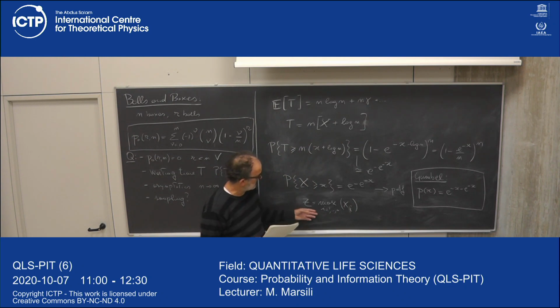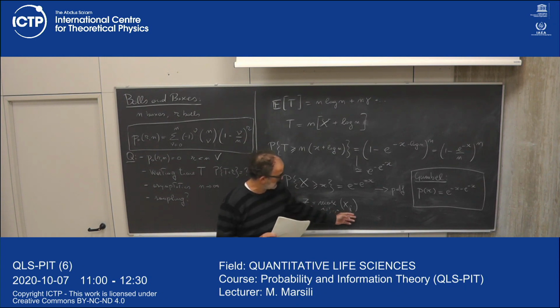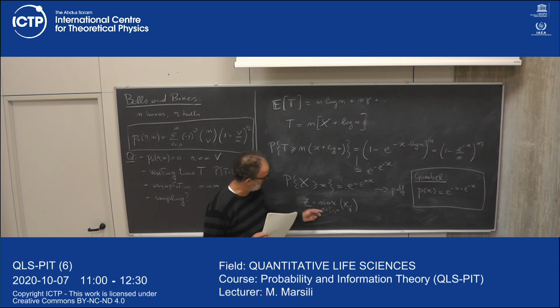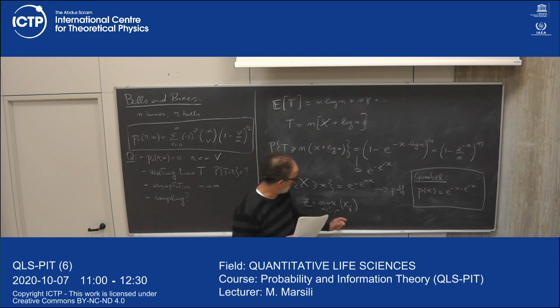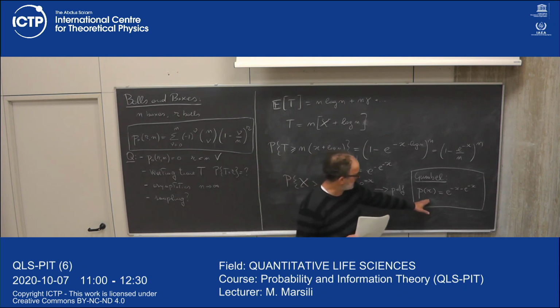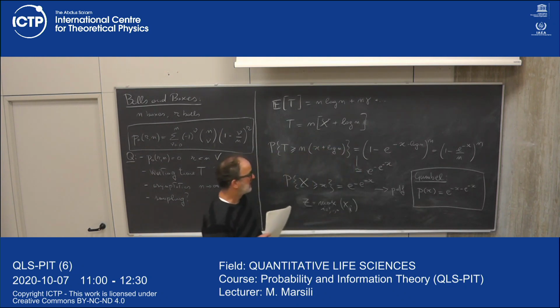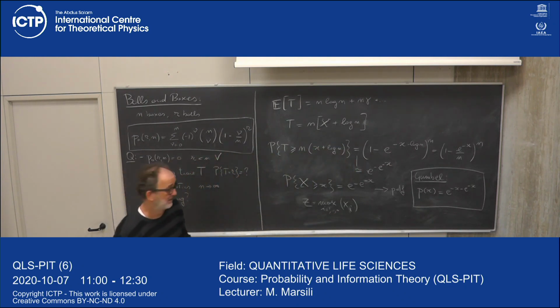And what we will see is that when the x_i are independent and identically distributed random variables with a distribution which is in a broad class, then the random variable which is the maximum of these random variables, when n is large, is described by this distribution. So this is not accidental, okay?